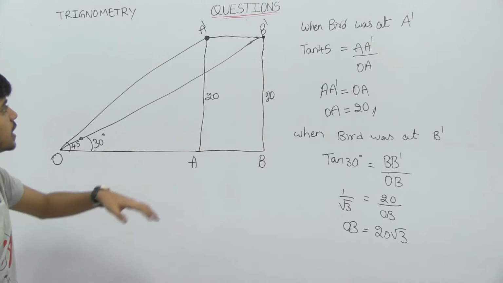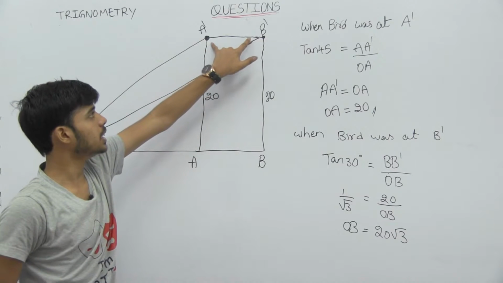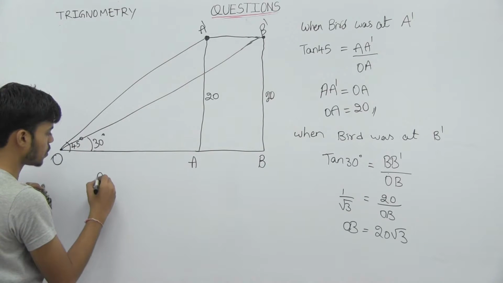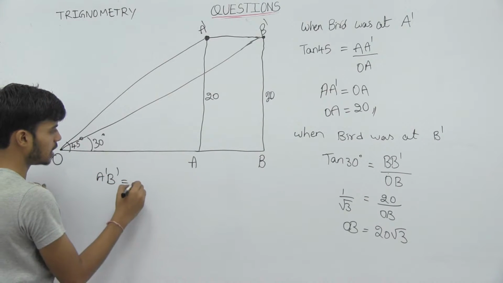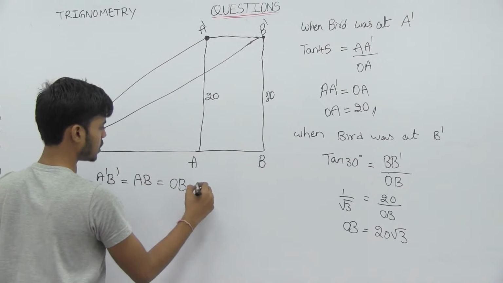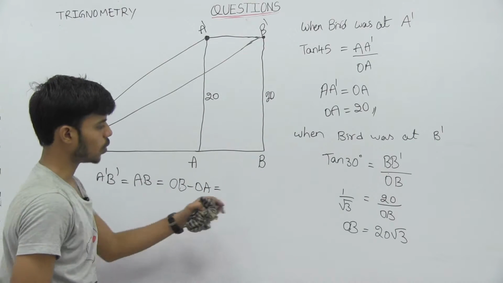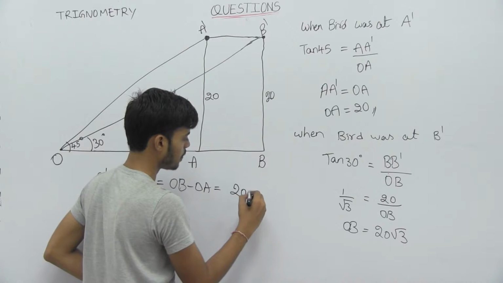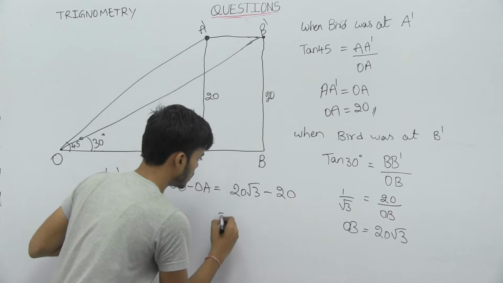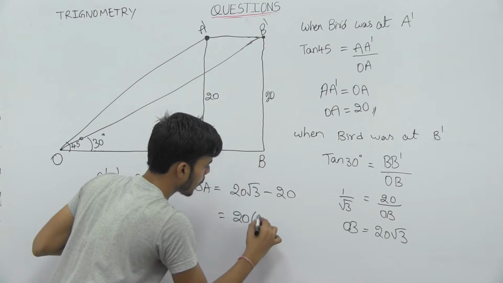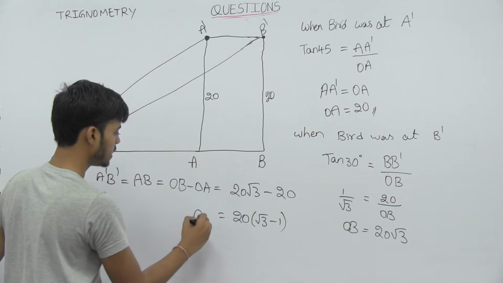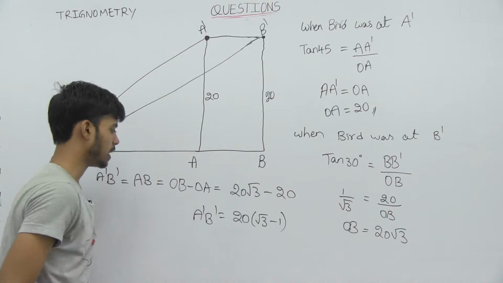But we need the distance travelled by the bird from A dash to B dash, which is equal to AB. So A dash B dash is equals to AB is equals to OB minus OA. So OB is 20 root 3 minus OA is 20, which is equals to 20 into root 3 minus 1. So this is the distance the bird flew, A dash B dash.